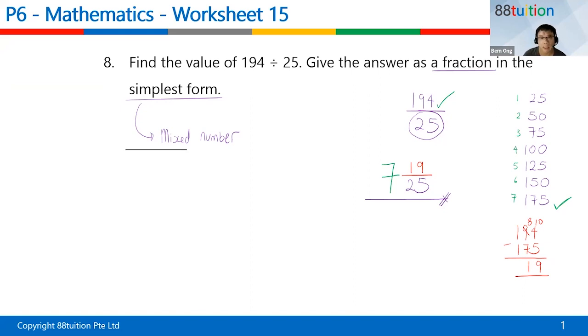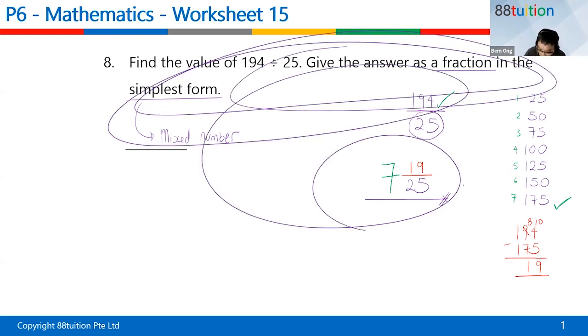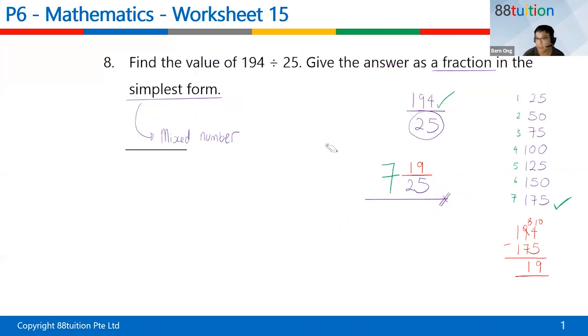In the Singapore context, we always have to give a mixed number, unless the question says leave it as an improper fraction. If they just say as a fraction in the simplest form, you must give it as a mixed number, reduced to the simplest form.